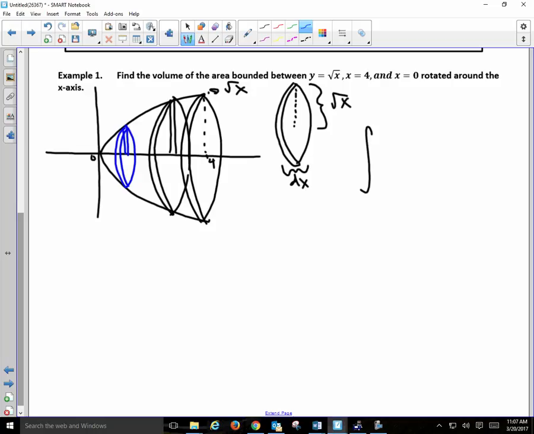So we're going to bound this. We're going to start layering them at 0, and we stop layering them at 4. And the volume of that shape is pi times the root of x squared dx. That's the volume of one of those disks. We want an infinite number, so therefore we integrate it. Pi times, what is the root of x squared? x dx.